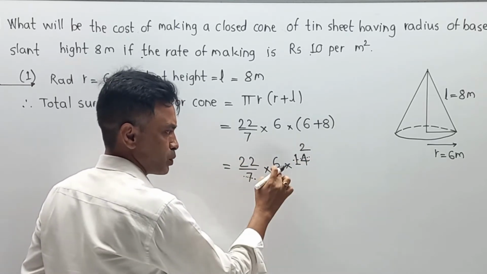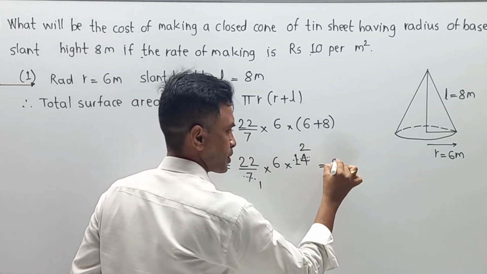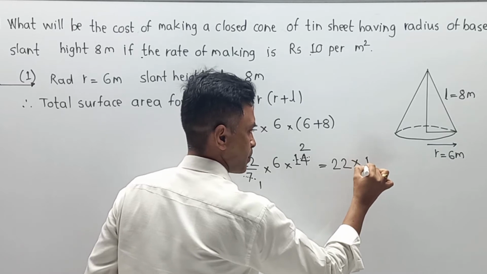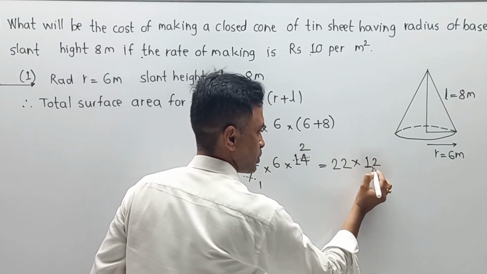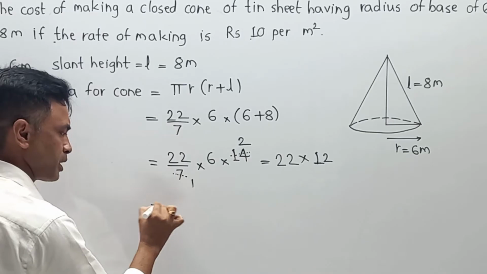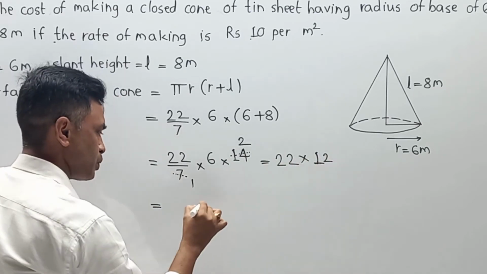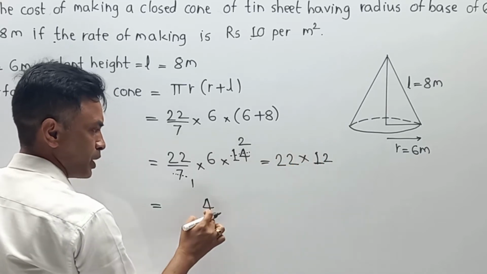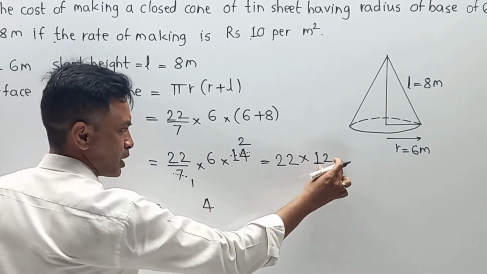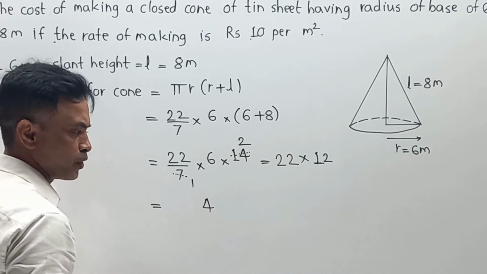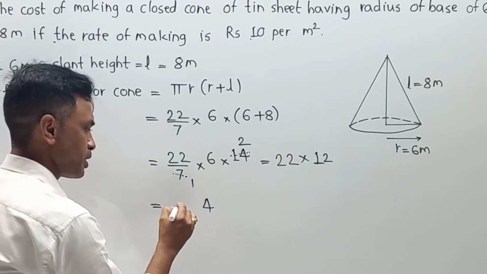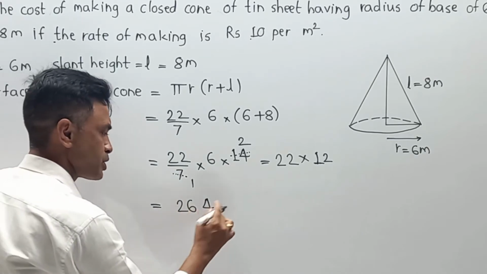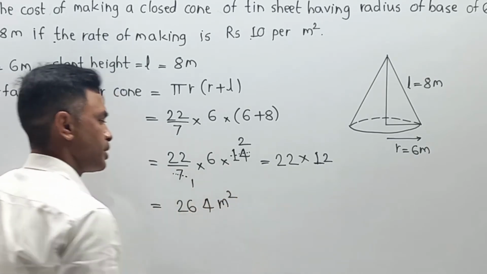Now again 22, 6 into 2 means 12. Now this simplification is most important: 22 into 12, 12 into 2, 24, write 4, carry 2, and again 12 into 2, 24, plus carry 2, 26. So it becomes 264, and that is nothing but 264 square meter.